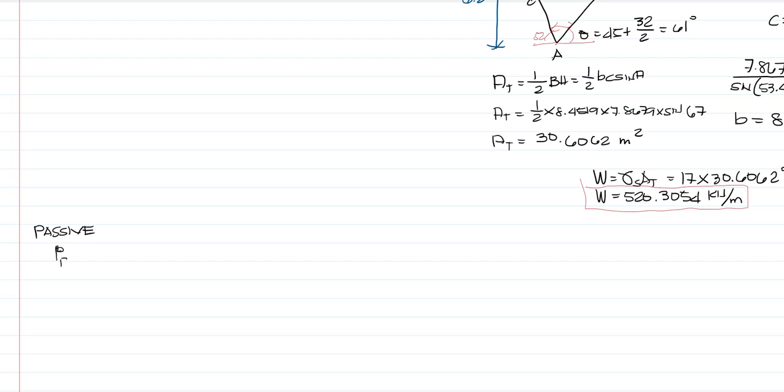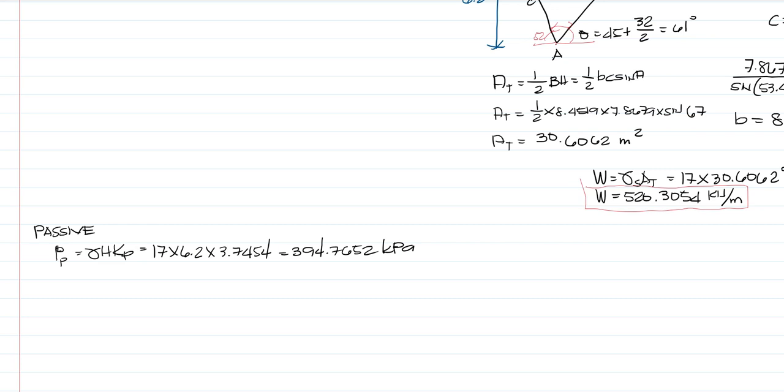So, that is P sub P is equal to gamma H times Kp. So, that will be 17 times 6.2 times 3.7454. So, that will be a value 394.7652 kilopascals.